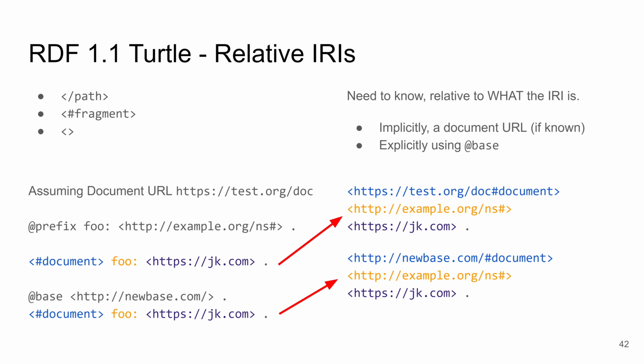Sometimes it is best to define what is called a base, which is the start, or I don't want to use the word prefix because that means something else, but it is the common start of all the IRIs used, and then you can just use what's different or what's in addition to the base as a so-called relative IRI.